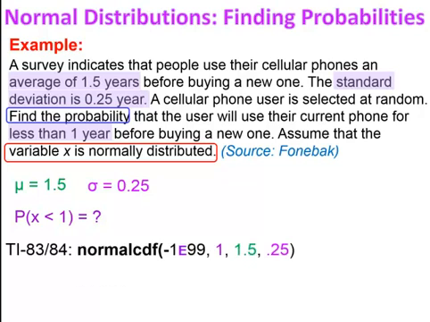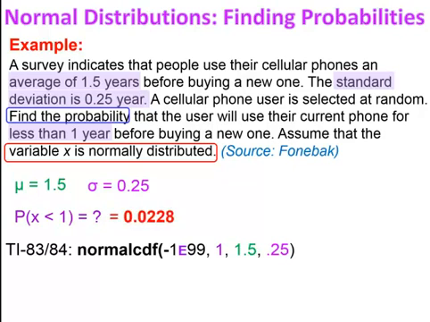And that's important to recognize. So when you're putting it in the calculator, you're going to either use that negative 10,000, or if it's already filled in as a negative 1E99, you can use that. And then the value for the random variable is x, and you want to make sure you change the mean to 1.5 and the standard deviation to 0.25.